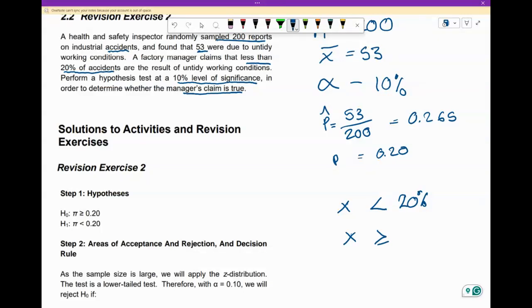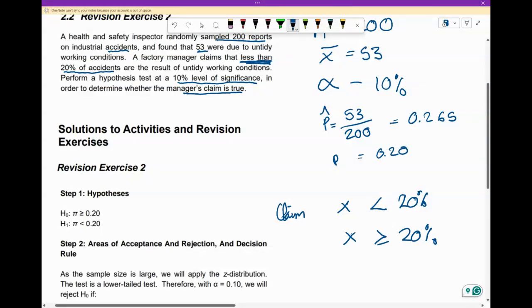Let's go back to the question. It says less than 20%, so this is the claim. But the claim could be wrong. If the claim is wrong, that means that it is either equal to 20% or greater than 20%.